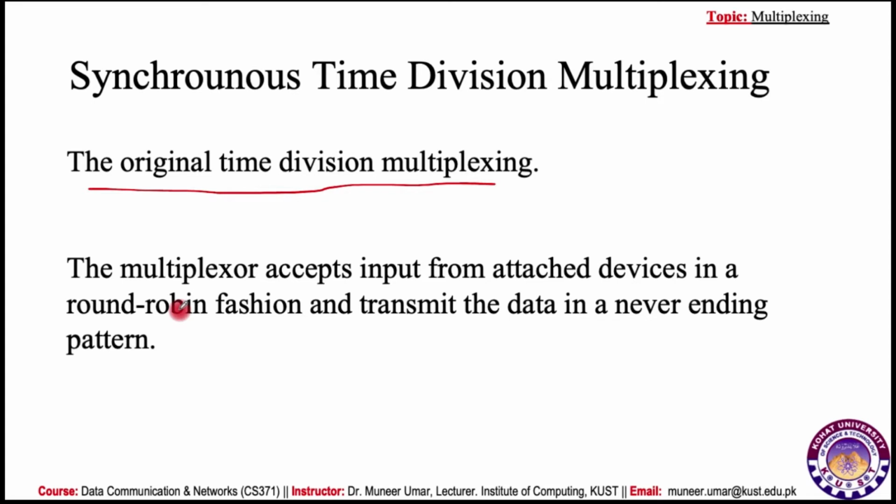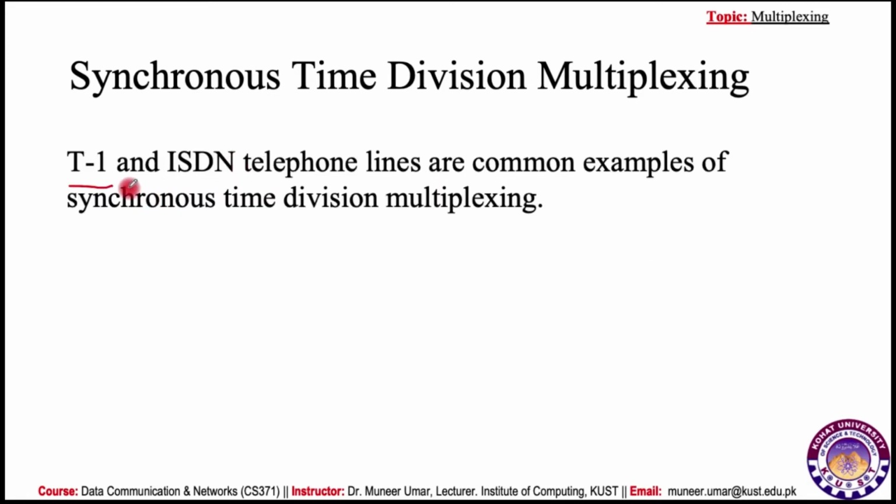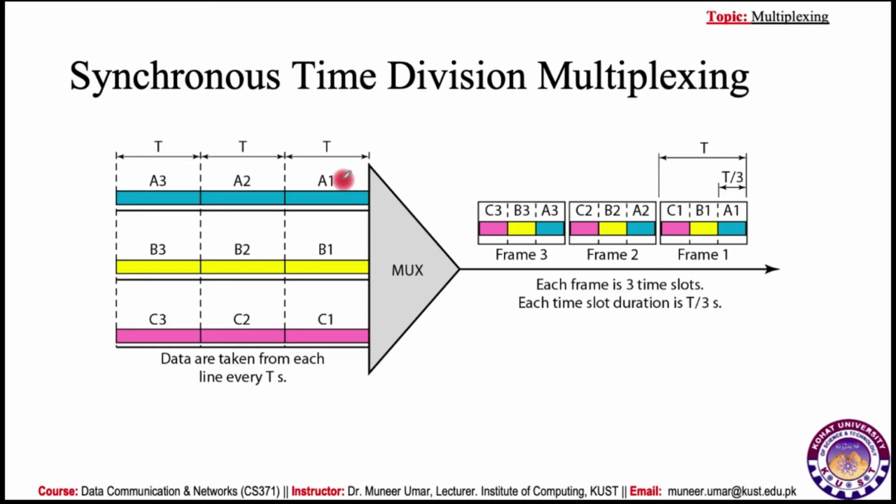The multiplexer accepts input from attached devices in a round robin fashion and transmits the data in a never ending pattern. The T1 and ISDN telephone lines are common examples, and these two use synchronous time division multiplexing. Here we will have some users, and each user would be given some time slots.